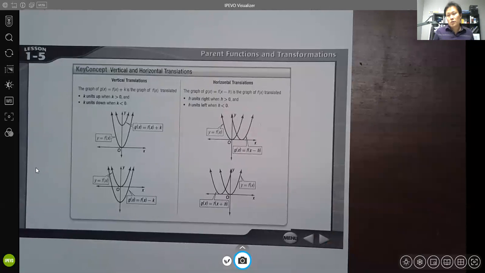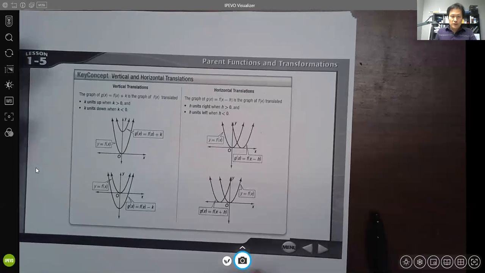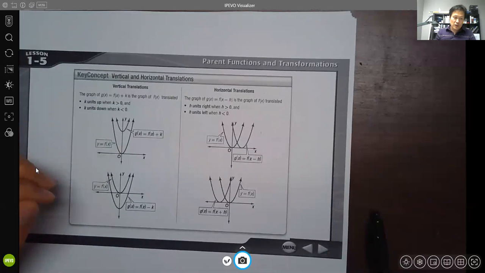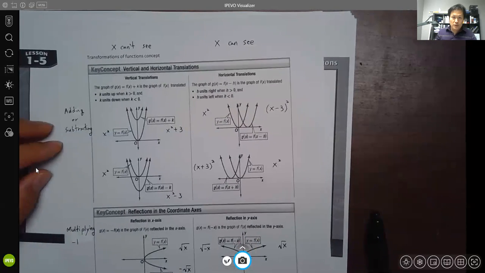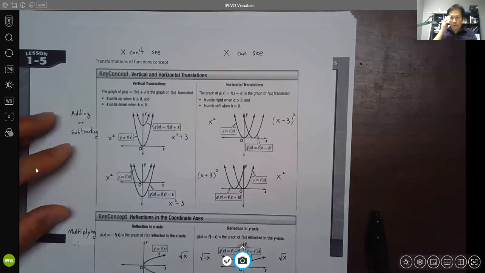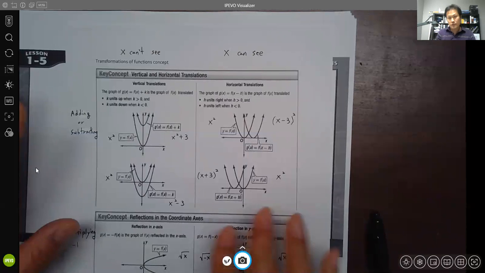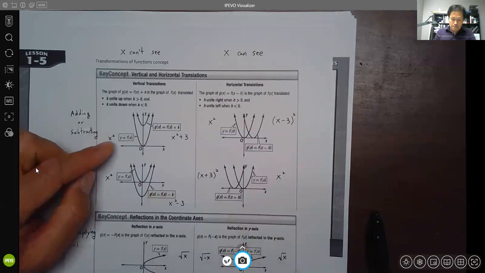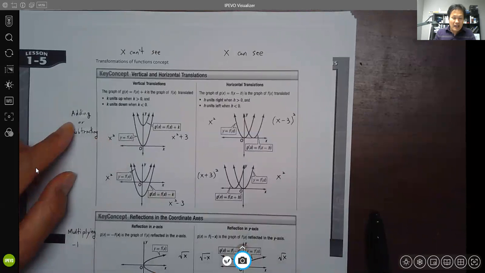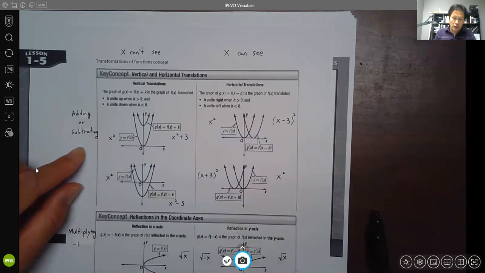Translation. Another word, shifting. There are vertical translation and horizontal translation. So I'm going to post this PDF file to Canvas, so you can print it out. You can have it with yourself. So adding or subtracting to the equation is related to the shifting translation.